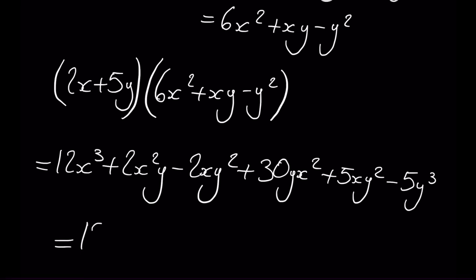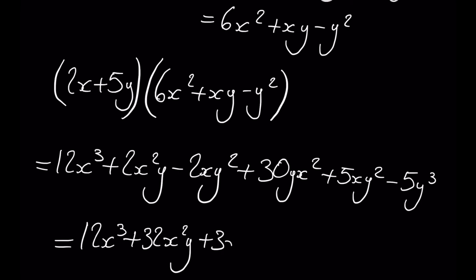And then simplifying this will give us 12x cubed plus 32x squared y plus 3xy squared minus 5y cubed.